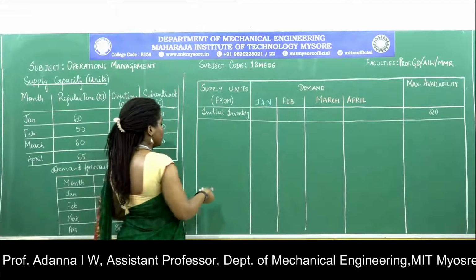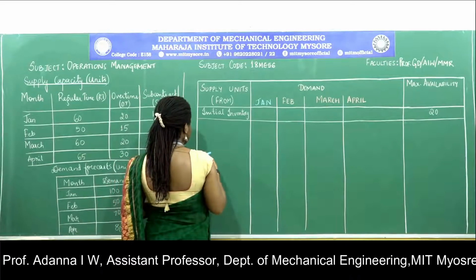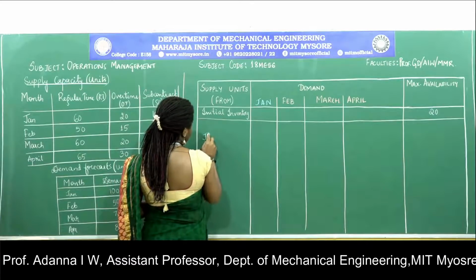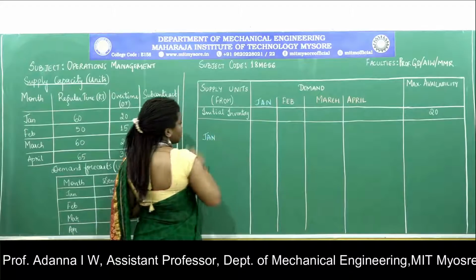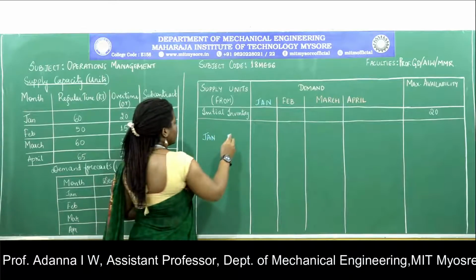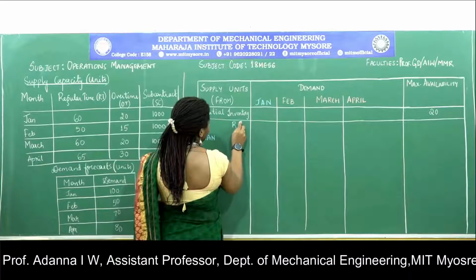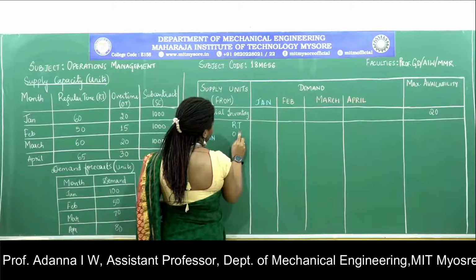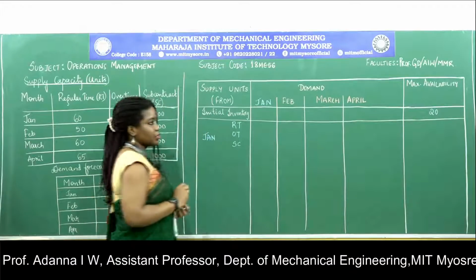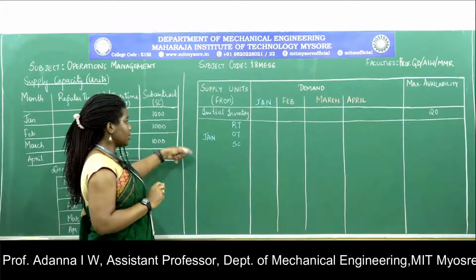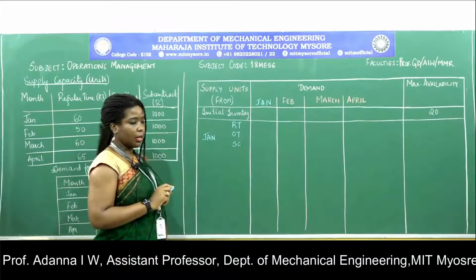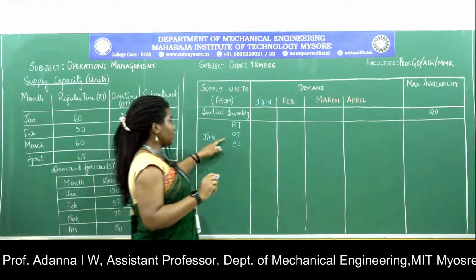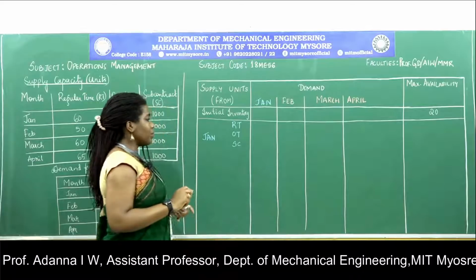Then in the month of January, regular time, overtime, subcontracting. This is the information for the month of January. Similarly, you have the same kind of information for February, March and April. Regular time, overtime and subcontracting. What is the availability?